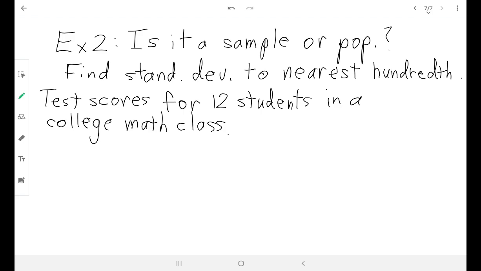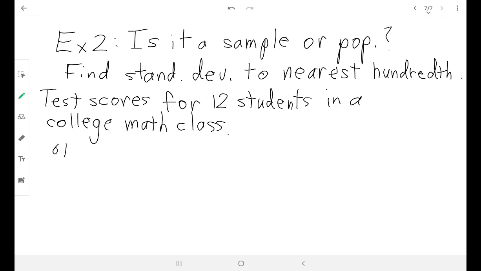So, is this a sample or a population? Let me give you all of the data here.